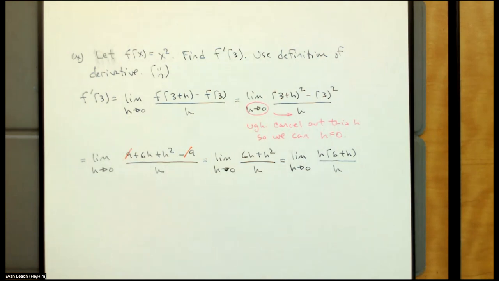At this point, we can achieve what we want. I wanted to cancel out that h because I want h to equal 0. I want to be able to say h is equal to 0. Now I can.